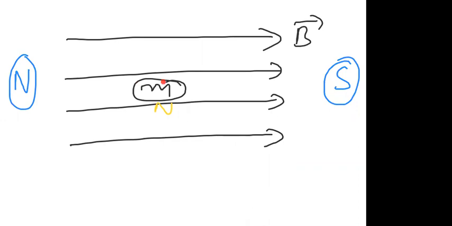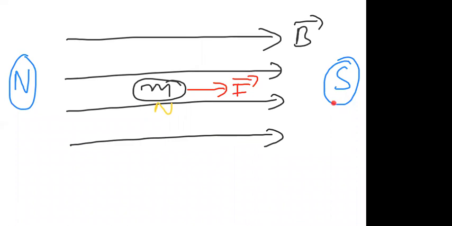Now I placed one north pole here. If I place the north pole, what will happen? It will experience force in the direction of the field. Why? Observe carefully. This is the north pole.